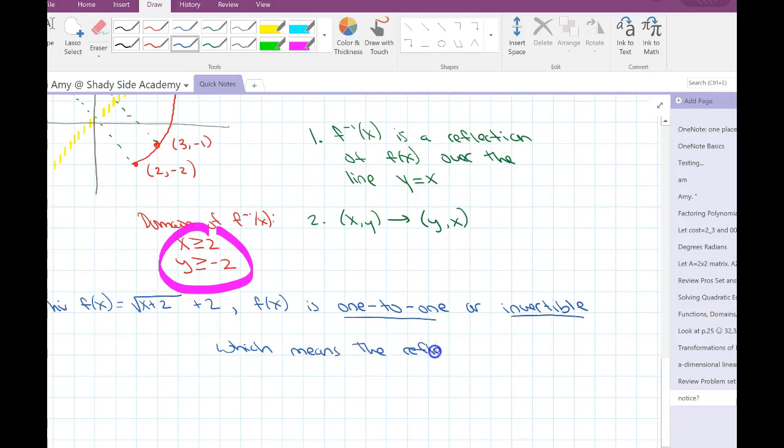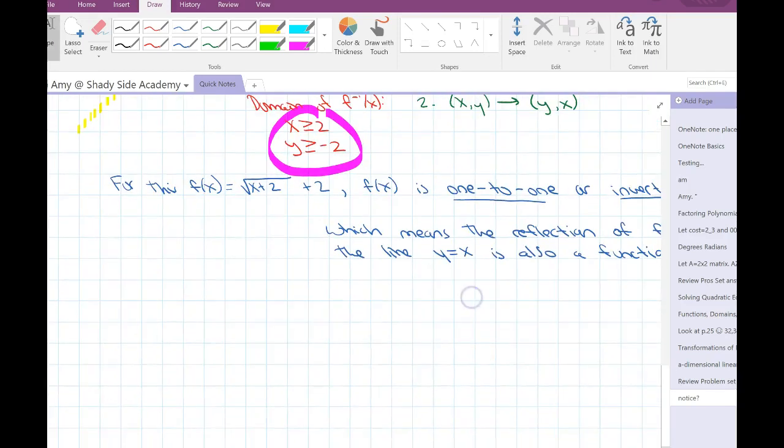So which means the reflection of f of x over the line y equals x is also a function of x. So let me give you an example of a function that is not one-to-one or invertible.